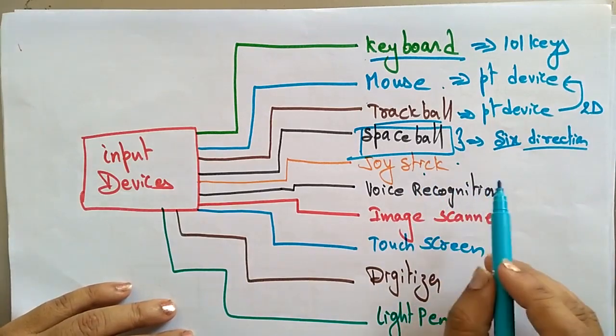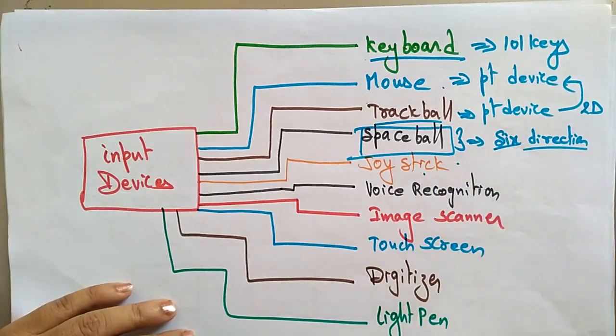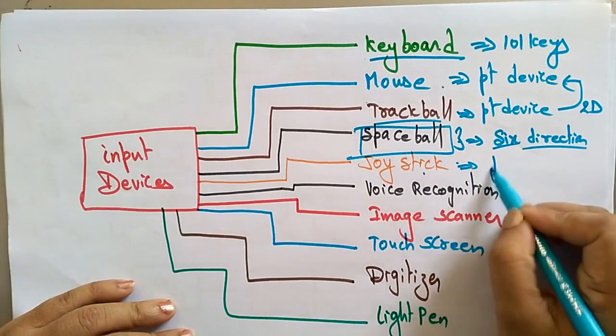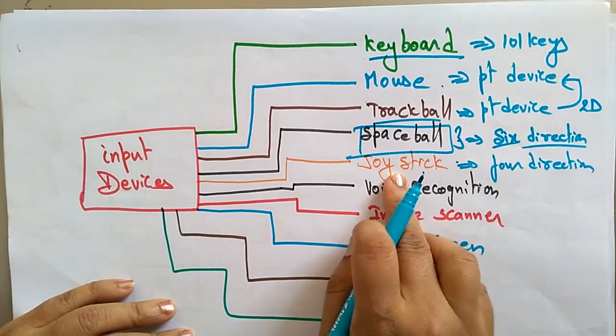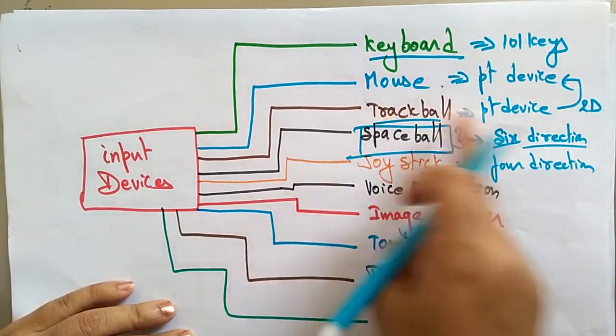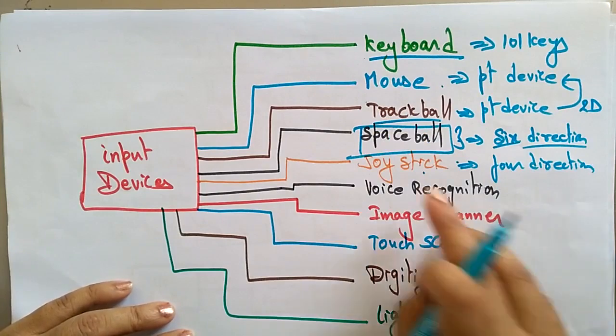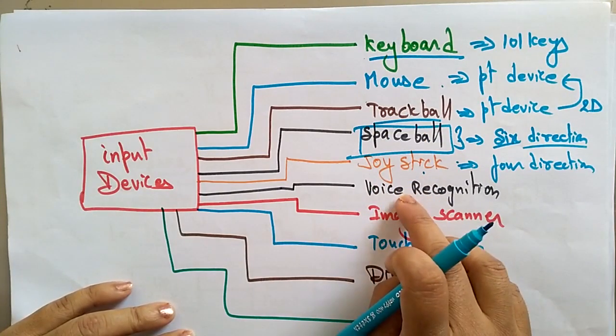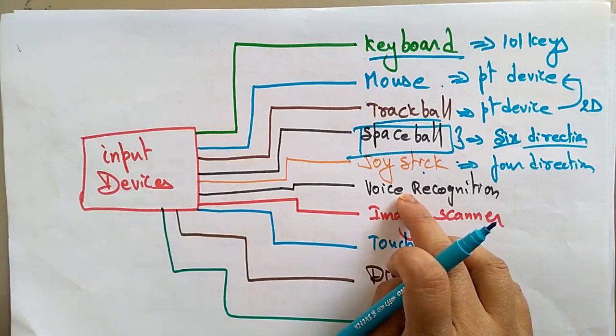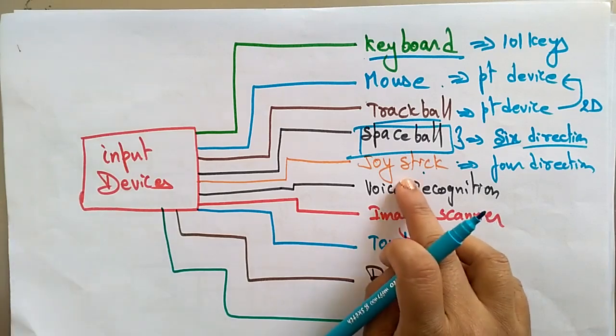Next is a joystick. Joystick is also a pointing device which is used to change the cursor position on monitor screens, and it can change in 4 directions. Joystick can be used in 4 directions, spaceball in 6 directions, and trackball in only 2 directions. And where do we use this joystick? Joysticks can be used in CAD designing, and even for playing computer games.